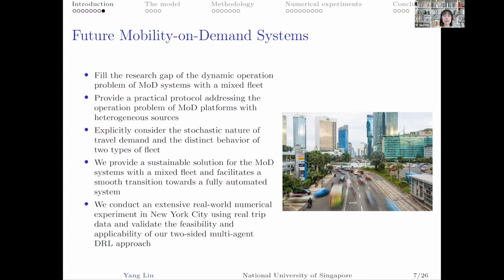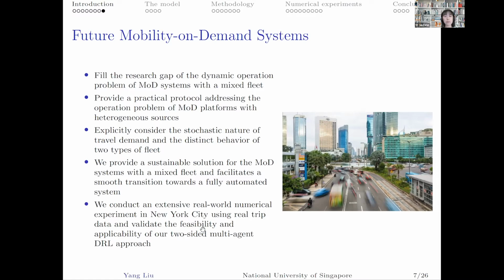And we explicitly consider the stochastic nature of the travel demand and the distinct behavior of the two types of fleet. And we hope this will be a sustainable solution for the MOD system with a mixed fleet, and we can use this to facilitate a smooth transition toward a fully autonomous system.